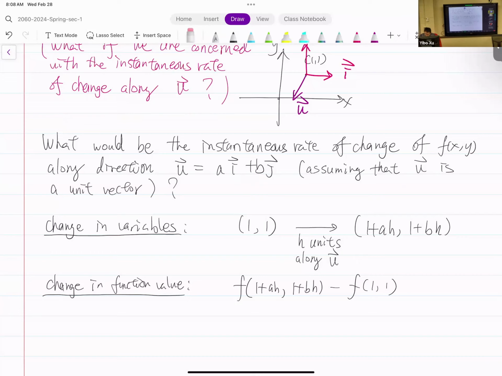And then if you look back at the process we have done, we just do the average rate of change in this interval, and then we take the limits, right?